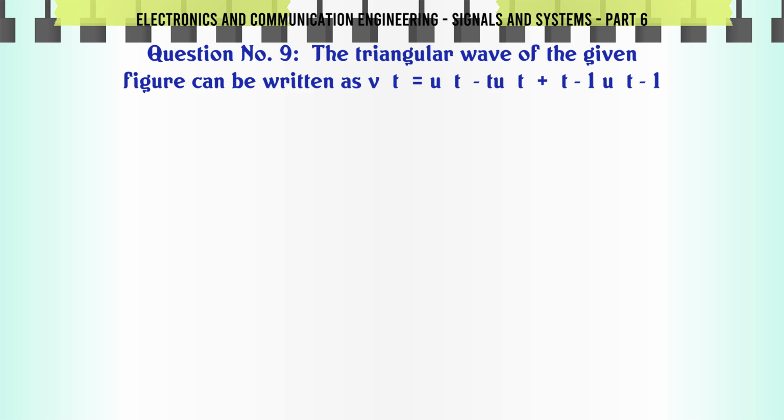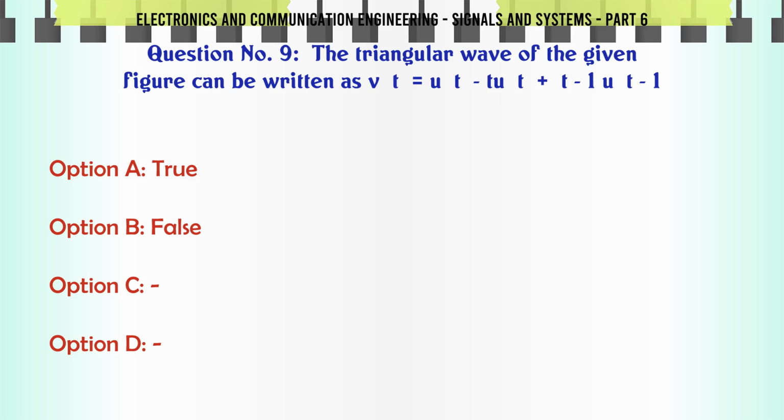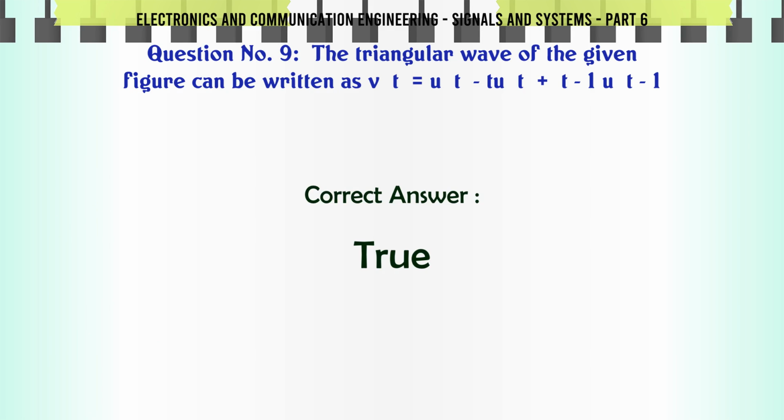The triangular wave of the given figure can be written as v(t) = u(t−2) − t·u(t−1) + u(t−1). A. True, B. False. The correct answer is true.